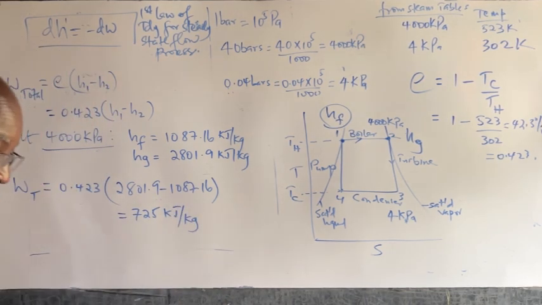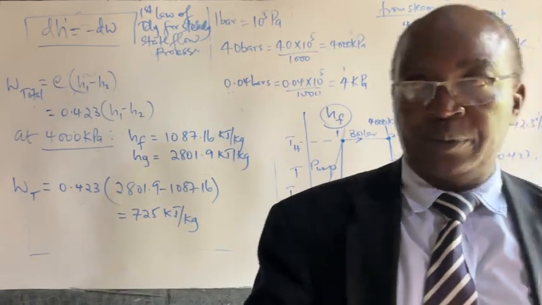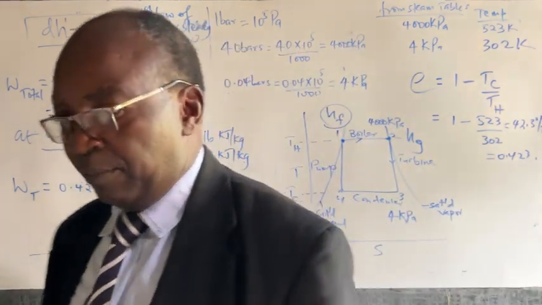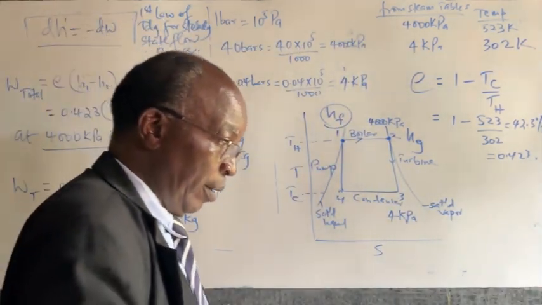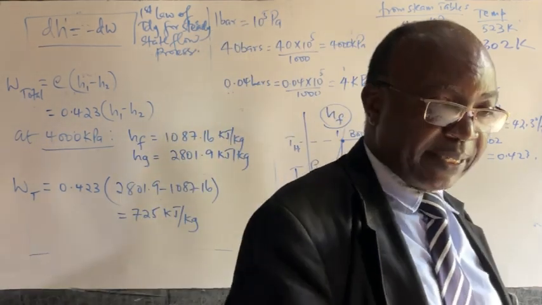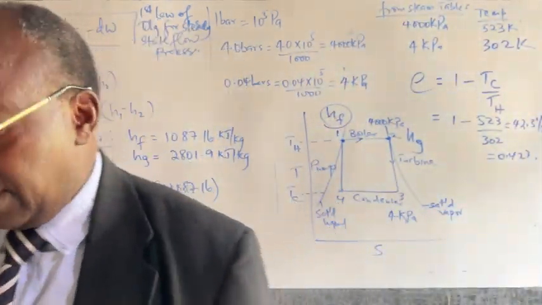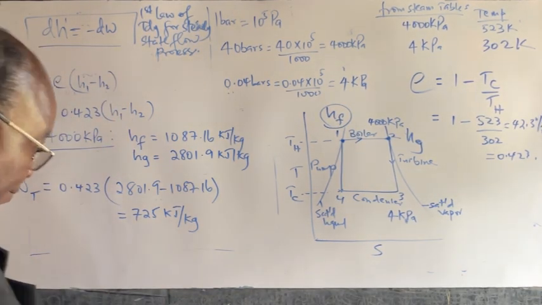That's the total work. So I repeat, these values, you get them from the steam tables. Steam tables will give you the saturation pressure table, the saturation temperature table for steam, superheated vapor tables for steam, and compressed liquid values for steam.